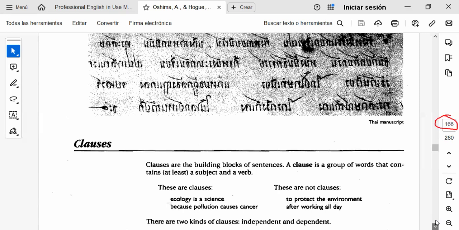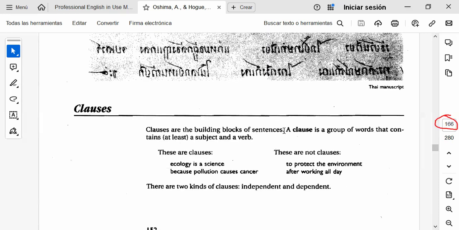What is a clause? Clauses are the building blocks of sentences, okay? A clause is a group of words that contains at least a subject and a verb. These are clauses. Ecology is a science. Yeah?